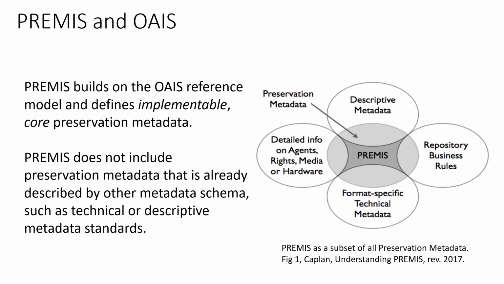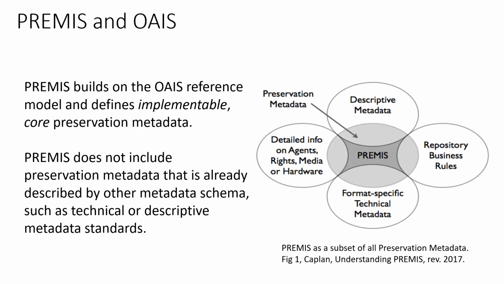PREMIS and OAIS. The current version of PREMIS is 3.0, updated November 2015. PREMIS builds upon the OAIS reference model and defines implementable core preservation metadata. PREMIS is implementation independent.